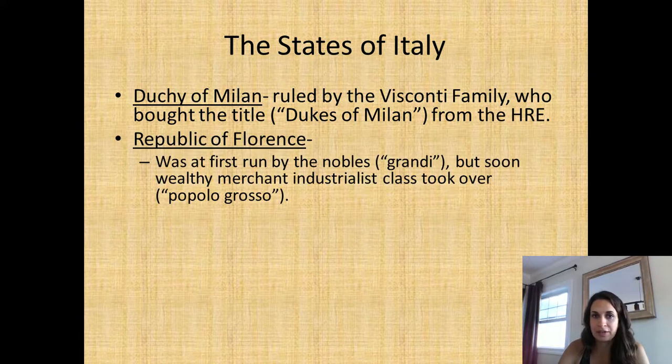Florence, interestingly enough, will also be the birthplace of the Renaissance, but it was at first run by a noble class called the Grandi. Grandi means big people in Italian. But soon, there was a wealthy merchant industrialist class. Florence was actually one of the first centers of the textile industry.